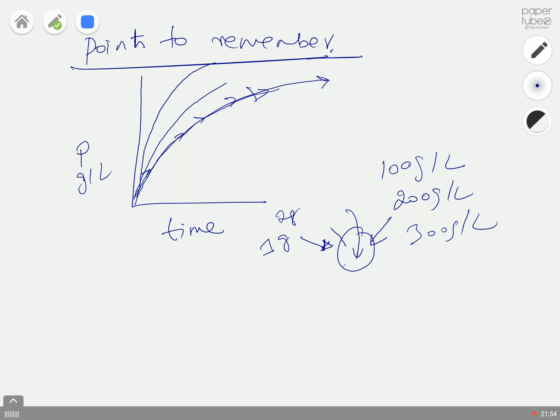So like every chemical reaction, enzymatic reactions and their kinetics are influenced by different operating conditions. I'm going to list them: the concentration of your substrate, and sometimes the concentration of your product.